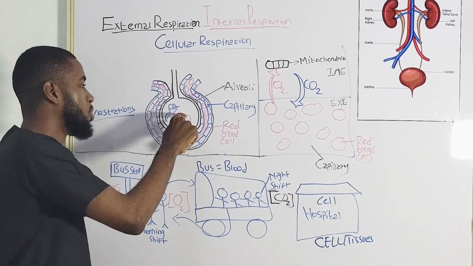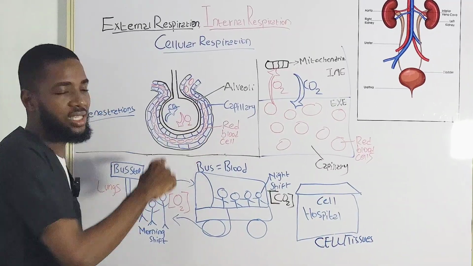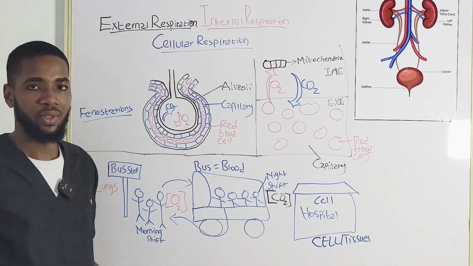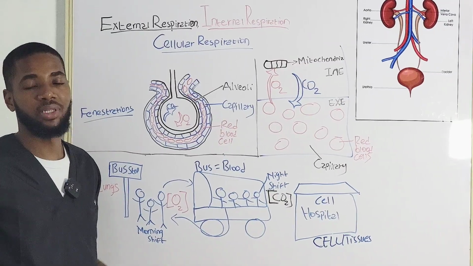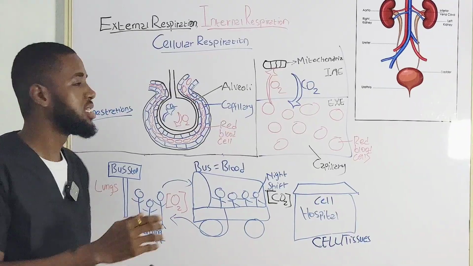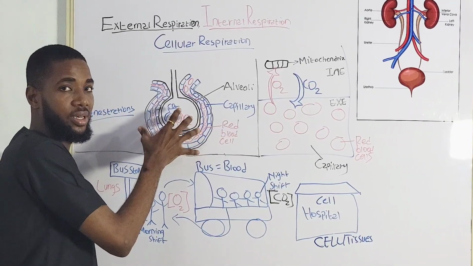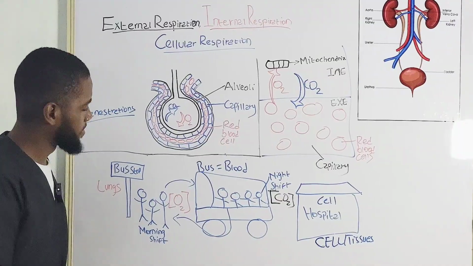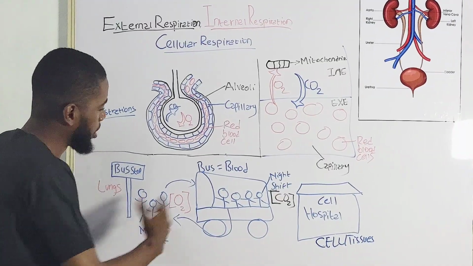And then you, O2, will jump right into the blood, which represents the bus. So that is what external respiration is all about. External respiration is simply the exchange of gases between the lungs and what? The blood.